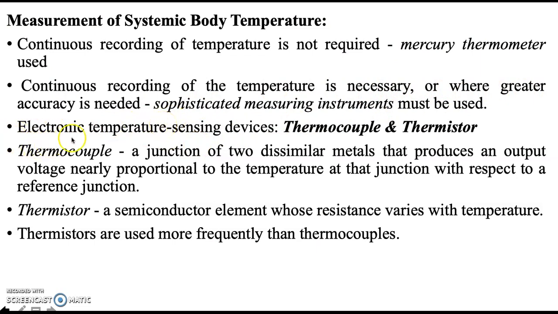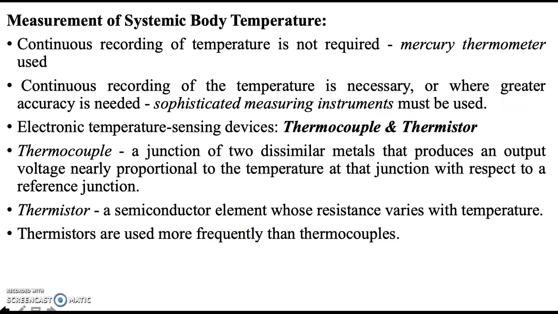The two important electronic temperature sensing devices used are, the first one, thermocouple, and the next one, thermistor. First we will see about the thermocouple. In a thermocouple, we have two dissimilar metals joined together. So what do we have if we join two dissimilar metals? We have two different junctions. One junction will be placed over the surface where the temperature has to be measured.